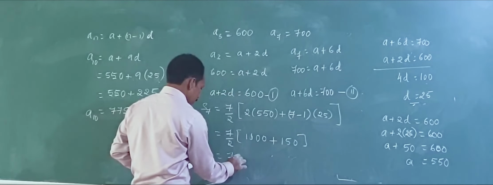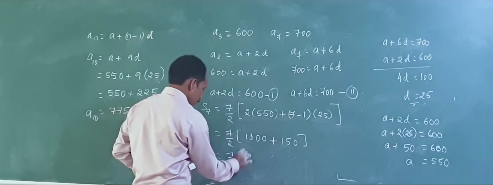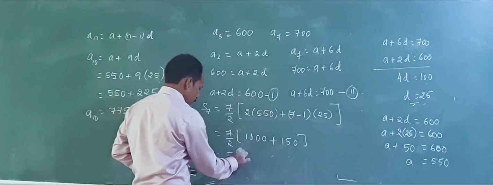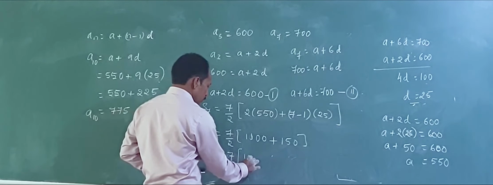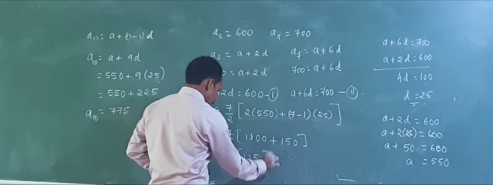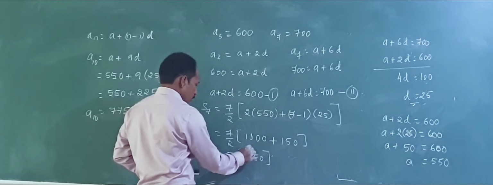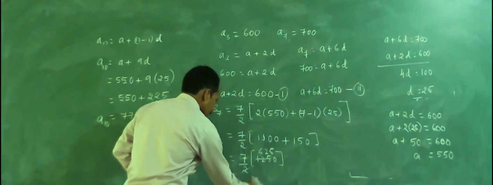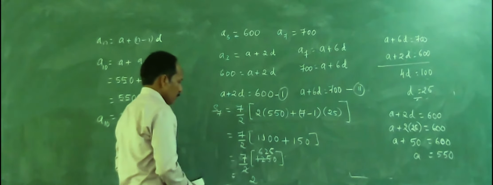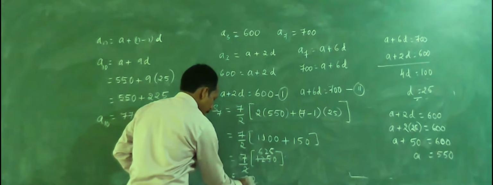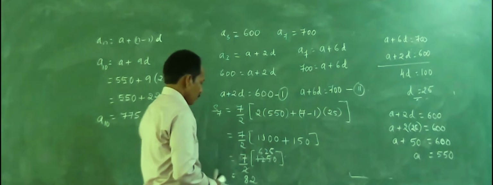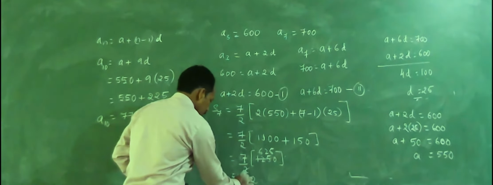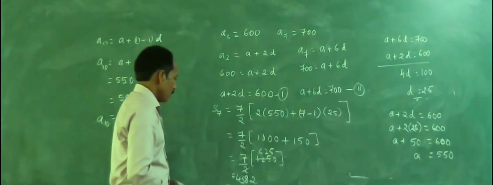So 7 by 2 into 1,250, divided by 2 gives 625, and 625 into 7 we will get 4,375.